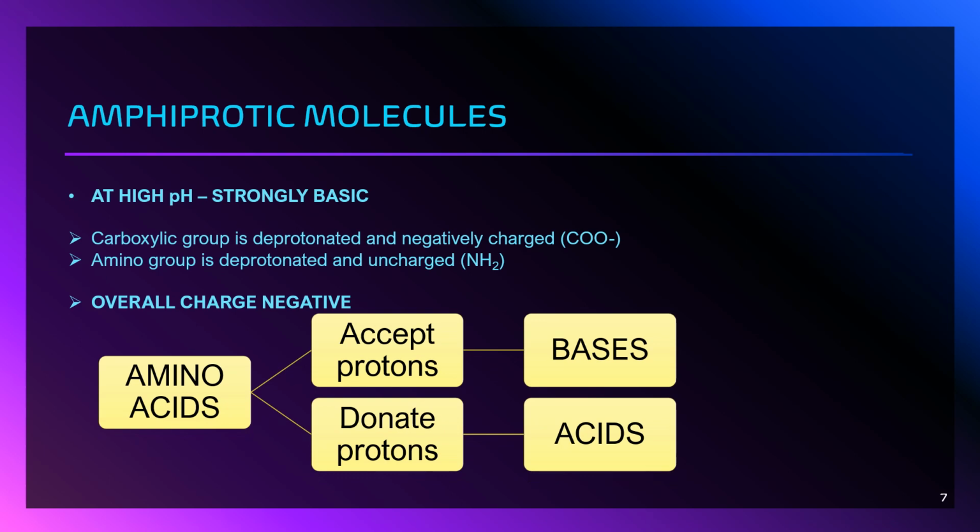That is why we say amino acids are amphiprotic molecules, because they can both accept protons and act as a base, and they can donate protons and act as acids.